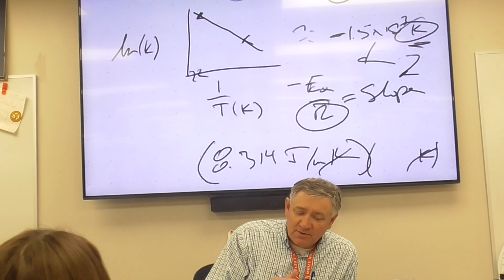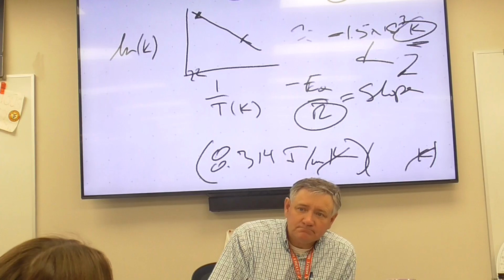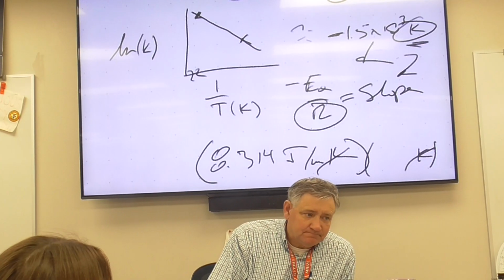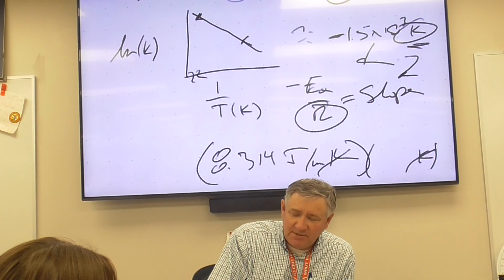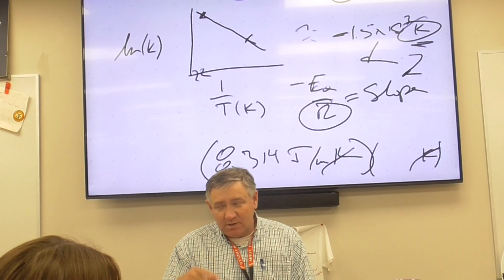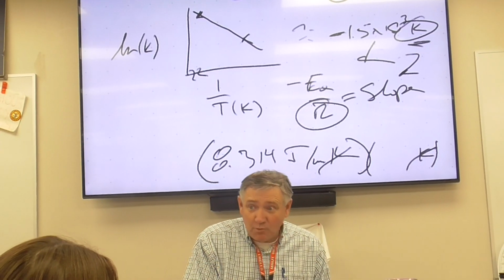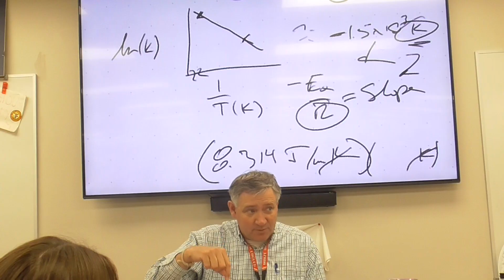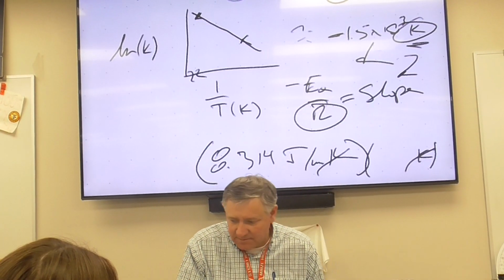If you're in kilojoules, it's around 12. I don't care which one you put it in, just let me know whether you're in joules or kilojoules. Once we get more into thermodynamics, it's going to be vitally important that you keep track of whether you're working in joules or kilojoules, because they mean completely different things.